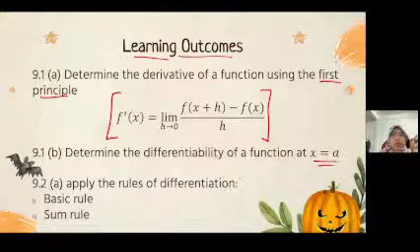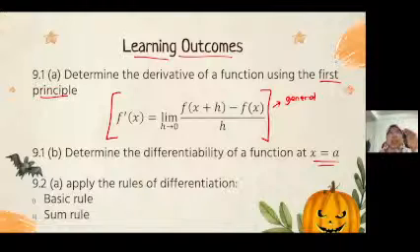Okay, so for the first one, this is in general. So very general. In general, we are going to use this formula. But if we want to determine the differentiability at a specific point, we are going to use another formula. So we are going to modify the general formula a little bit so that we can determine the differentiability at a certain point. So I'll give you the formula later on.